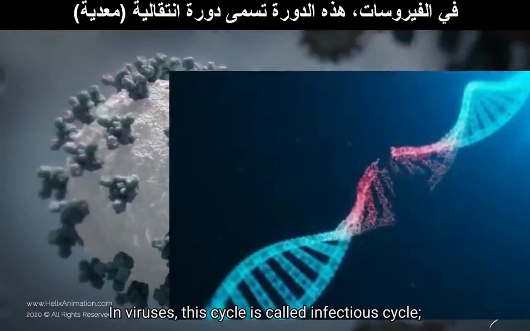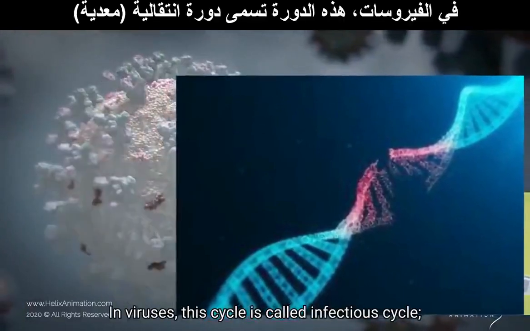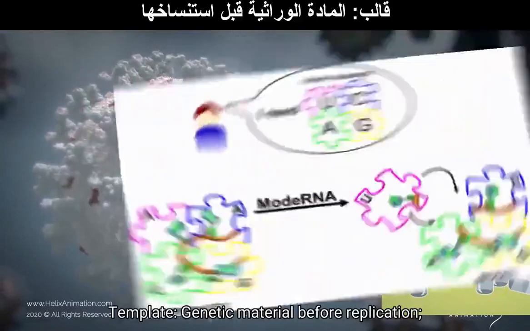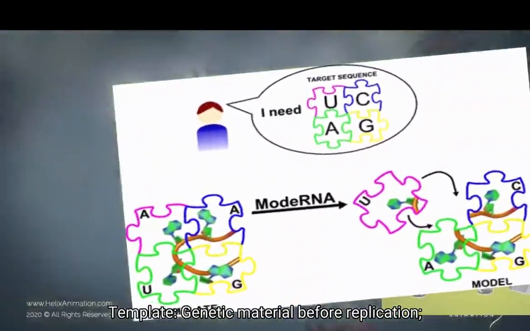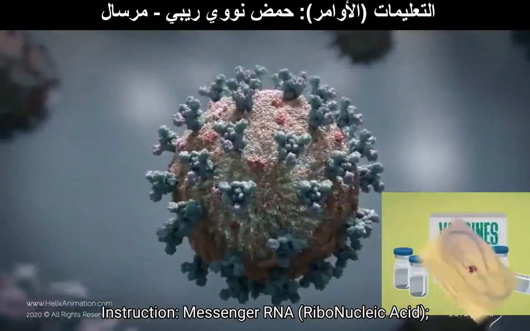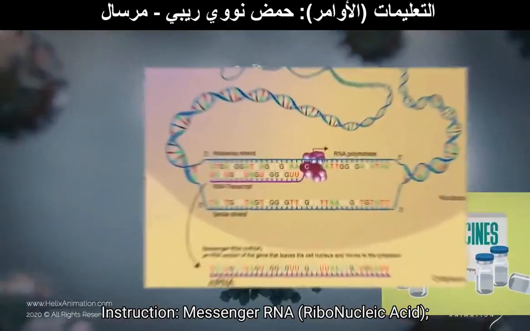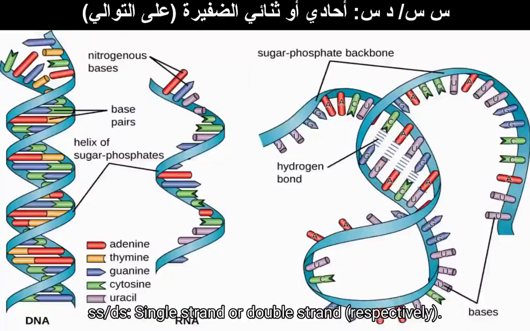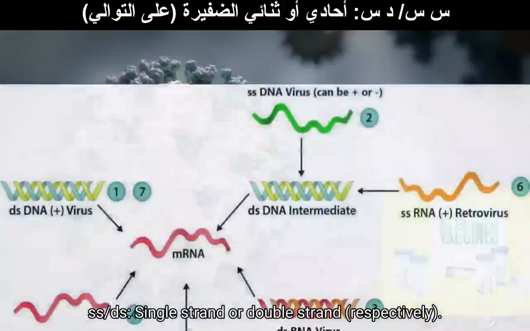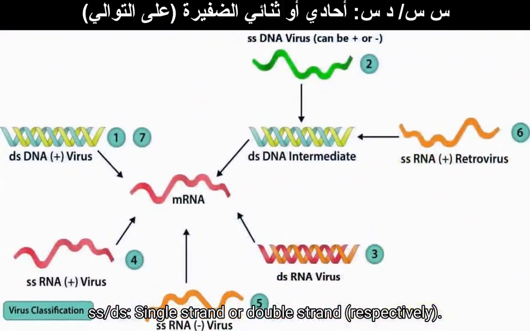In viruses, this cycle is called the infectious cycle. A template is a genetic material before replication. An instruction means a messenger RNA, ribonucleic acid. SS and DS mean single strand or double strand, respectively.